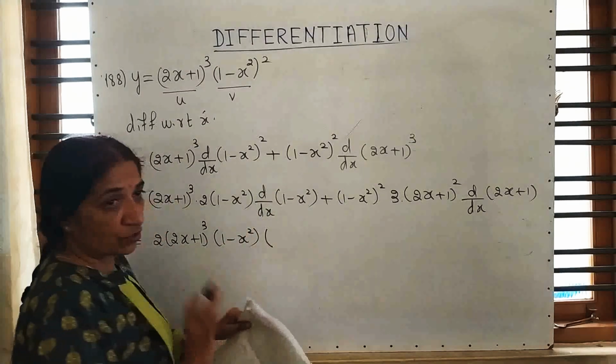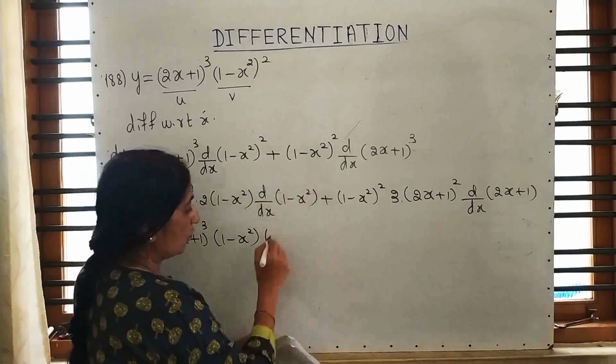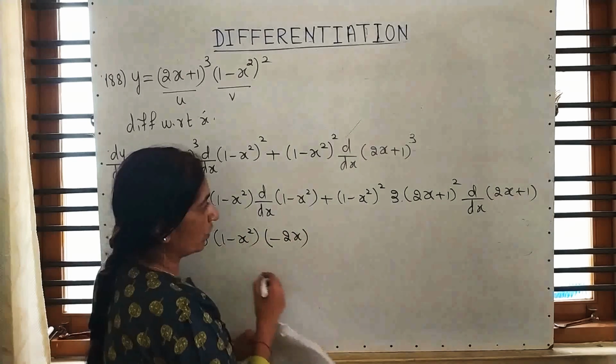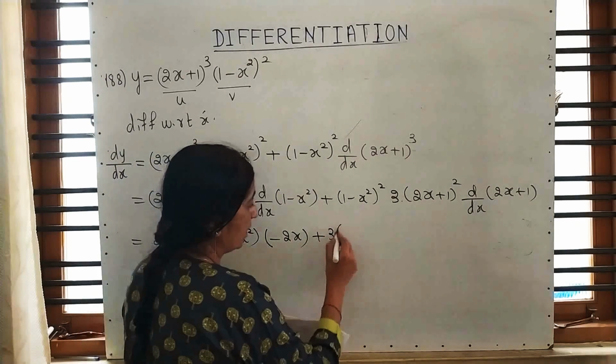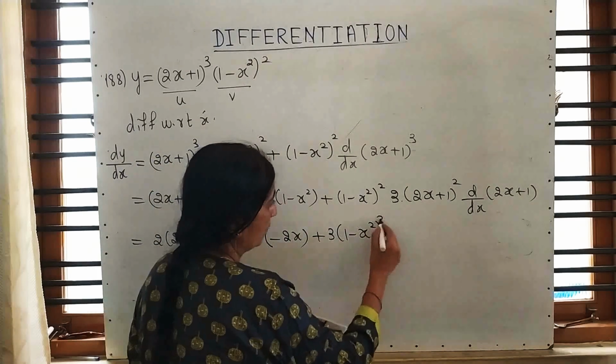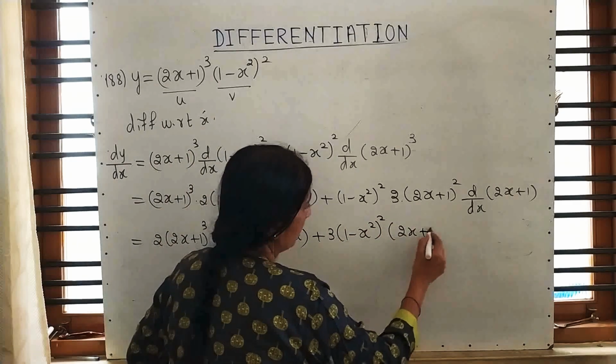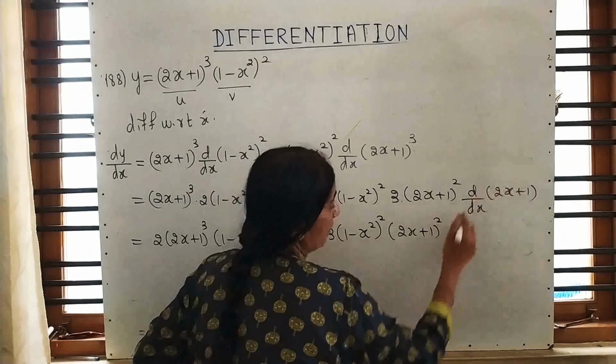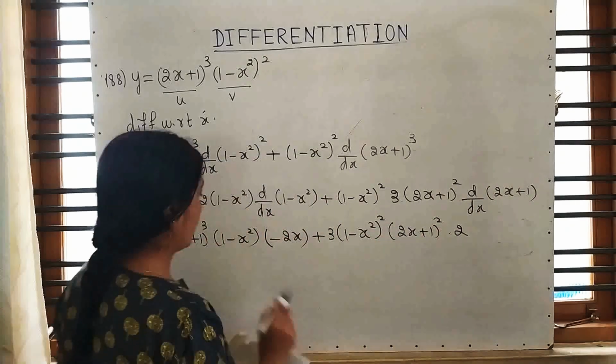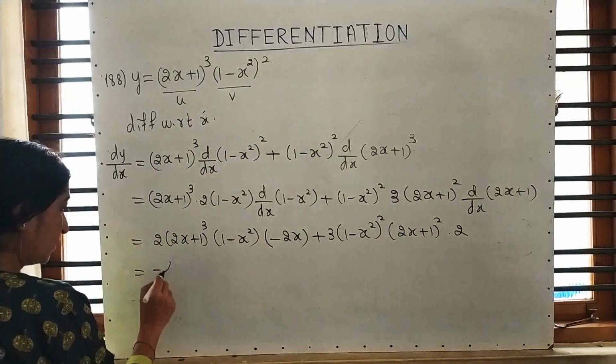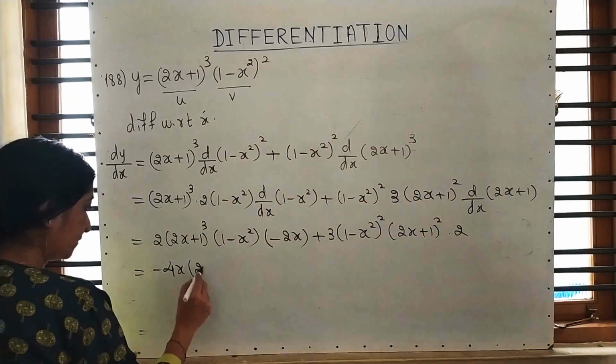Differentiation of 1 is 0. Differentiation of minus x square is minus 2x, plus 3 into the term, this I kept as it is. Now differentiation of 2x is 2. Here this is minus 4x.